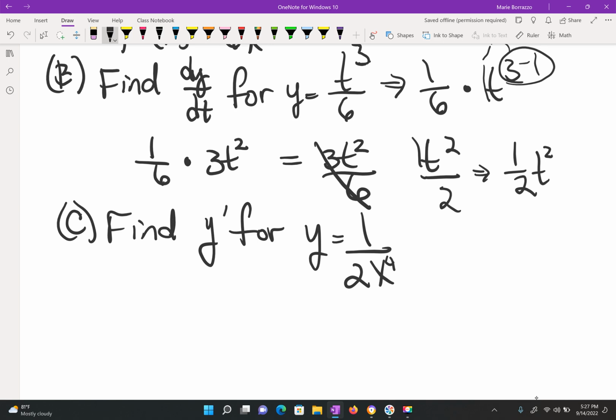Based on this theorem, what I'm going to do first is separate, remember this is over a fraction bar, so this is really 1/2 times, I'm going to write this as x to the negative 4.